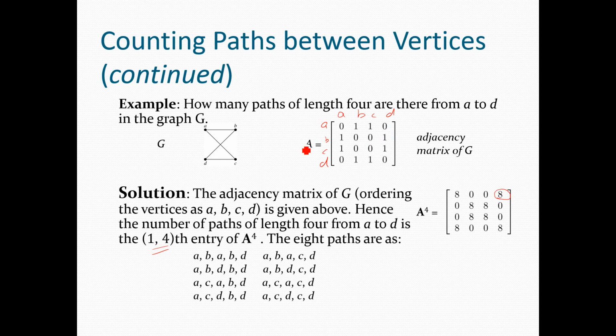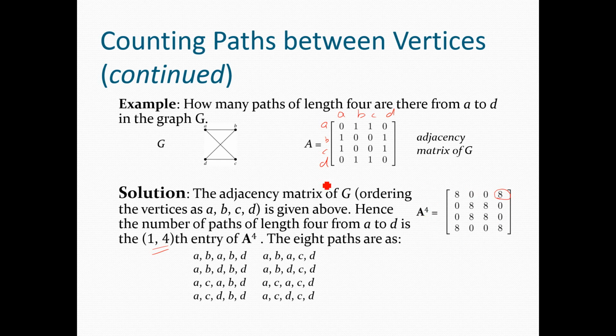Similarly, you can find the entries for the other rows. B is connected to A, yes, and B is not adjacent to B because there is no loop. Of course, diagonal elements are 0 because there is no loop at any vertex. So this is the adjacency matrix, and now we have to multiply it 4 times. Now you can verify that A^4 is given by this.